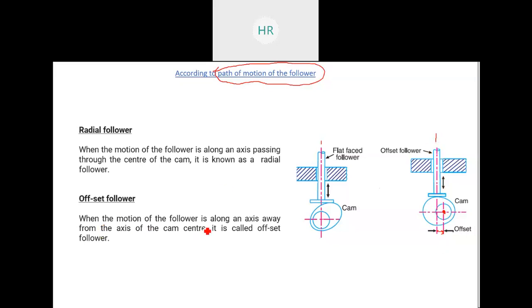So when the motion of the follower is along the axis away from the axis of cam, it is called offset follower. उसको हम बोलेंगे offset follower. So this was the classification according to path of motion of the follower.